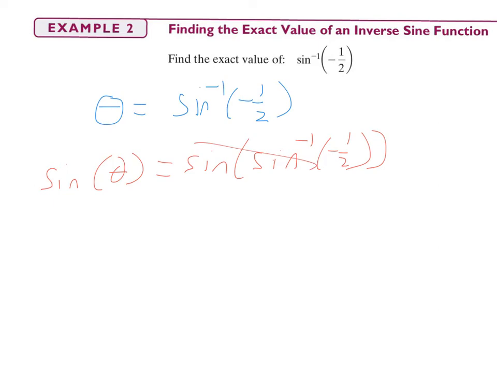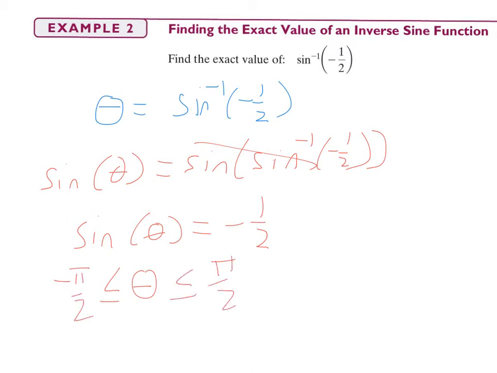The sine and sine inverse undo each other, so sine of theta is equal to negative 1/2. Remember, theta goes from negative π/2 to positive π/2. Sine is negative in the fourth quadrant, so we're going to find what angle in the fourth quadrant gives you a sine value of negative 1/2.